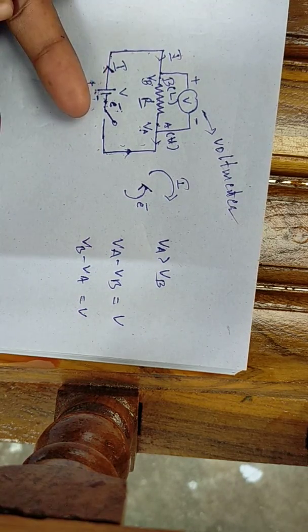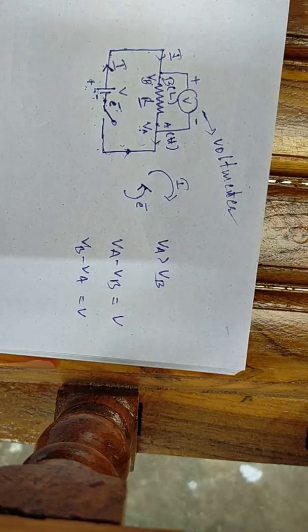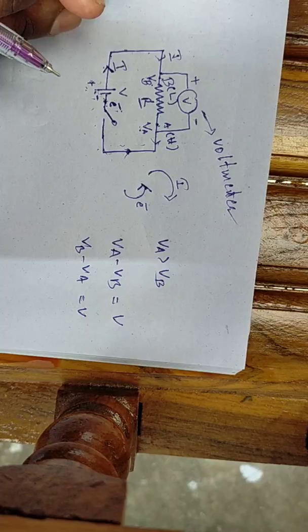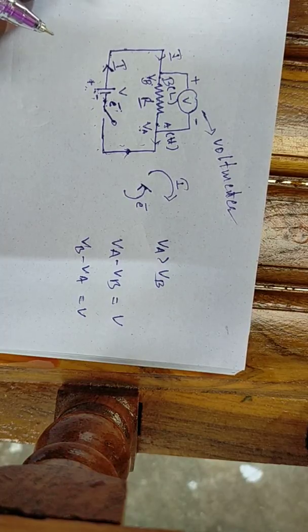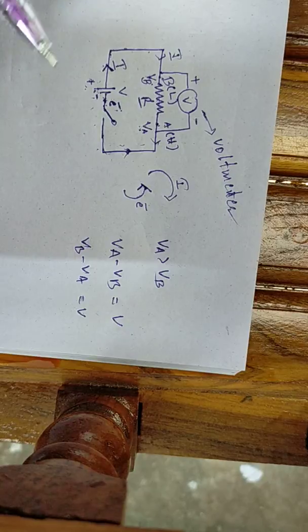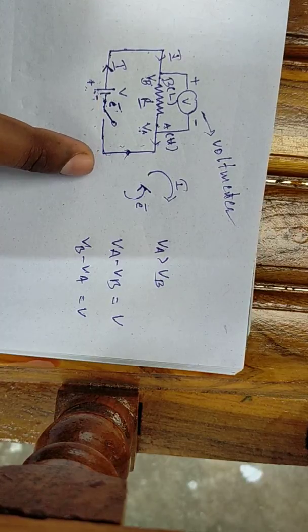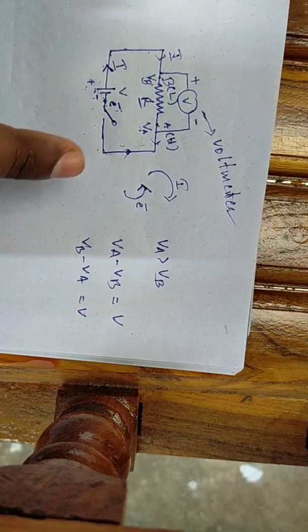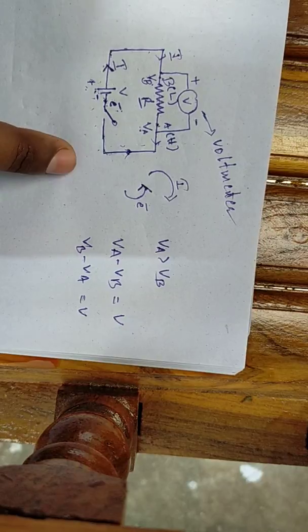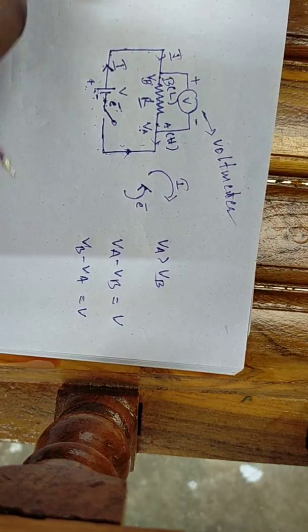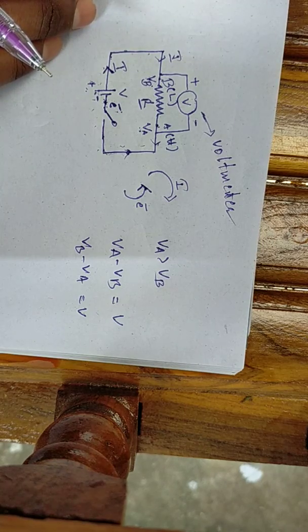To calculate the difference, you can do initial minus final or final minus initial. But whichever subtraction you are following, that should be followed. The same should be followed throughout the circuit for each and every component, either it is battery or resistor, whatever it is.